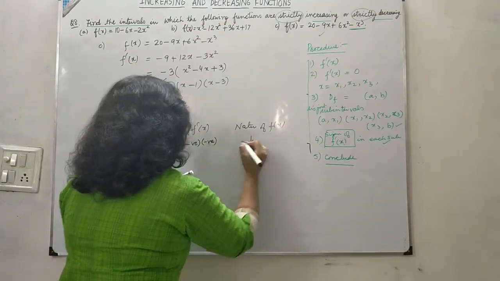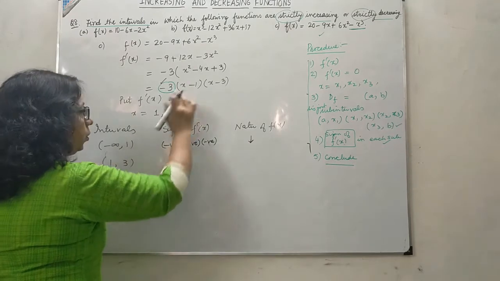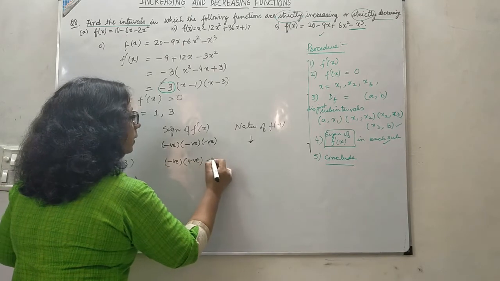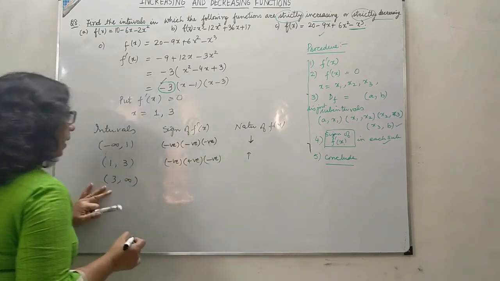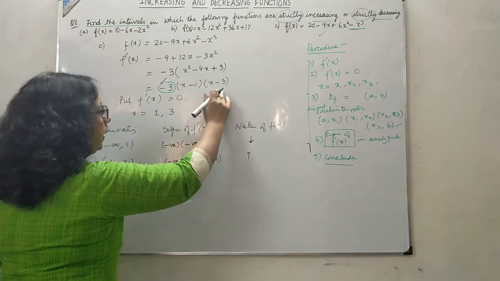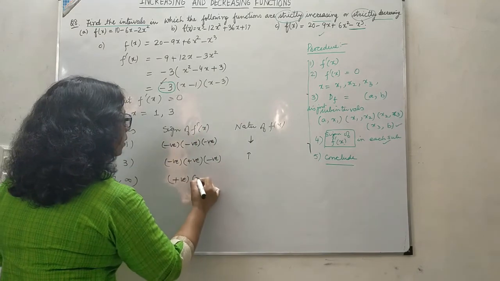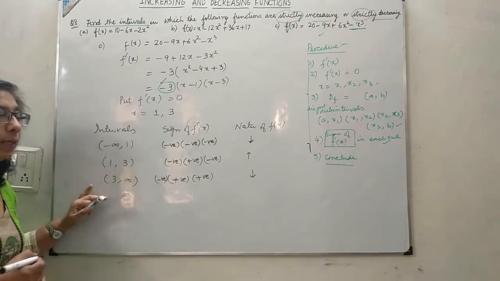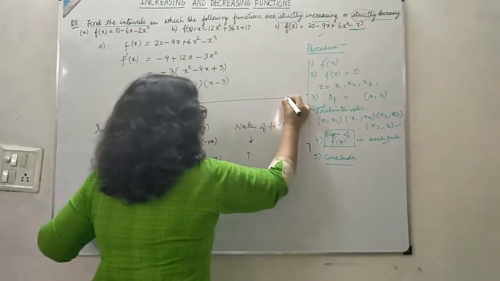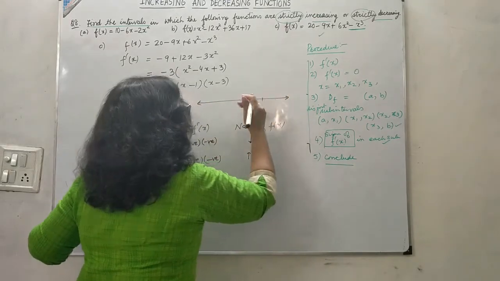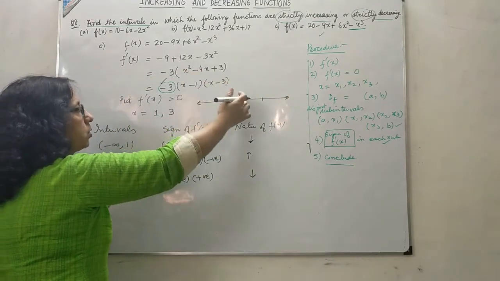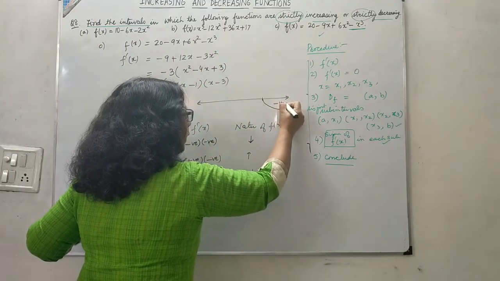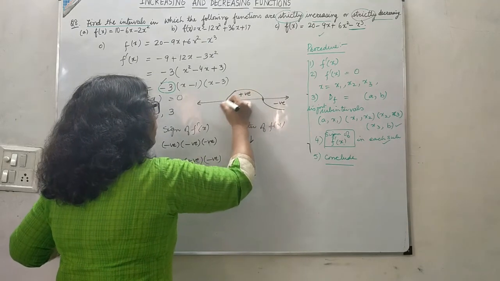So we have this decreasing, and for 1 to 3, if I take 2, this is positive, this is negative, negative, positive, and then negative, so it is positive. And then we have 3 to infinity, this term is positive, and this also positive, but the first factor is negative, so it makes it negative. As I told you earlier, in the wavy curve method from 3 onwards each factor is positive, but here because of minus 3, this is negative, and then positive, and then negative.